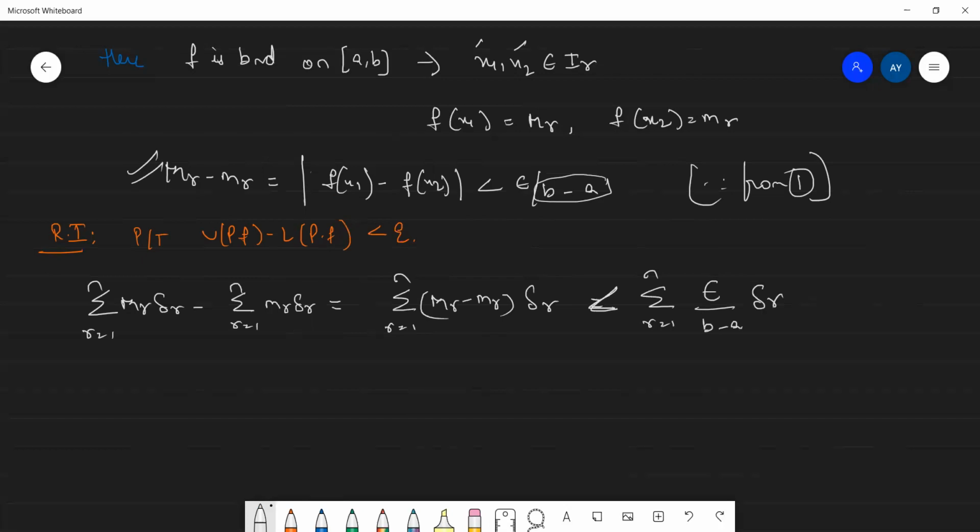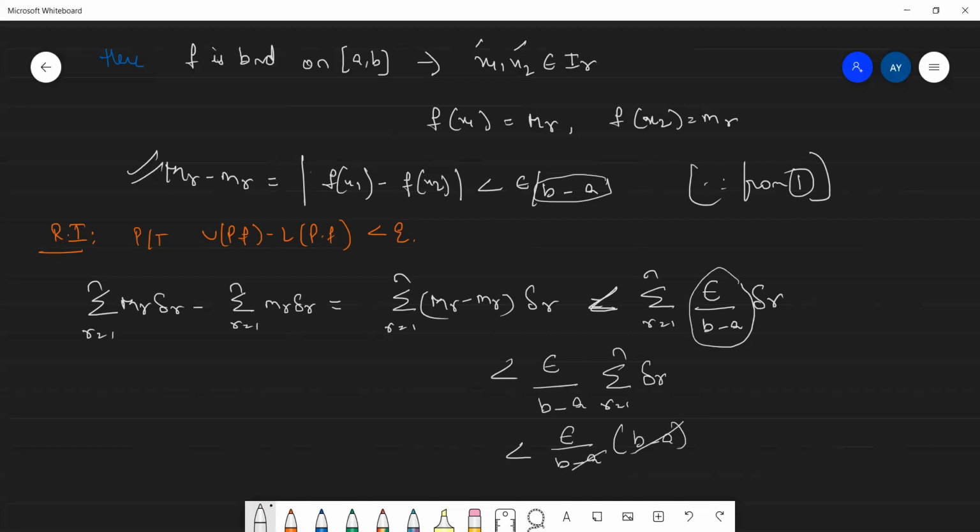You have to write it as it is. So this will be less than, as this is irrespective of r, you take that out. So epsilon by b minus a times the summation r equals 1 to n of delta r. So this is less than epsilon by b minus a into b minus a.